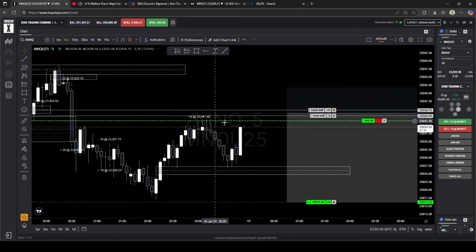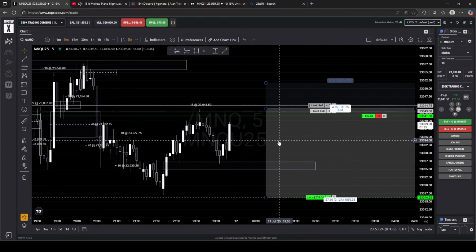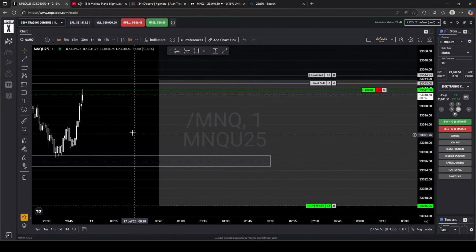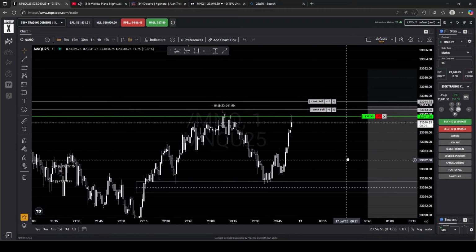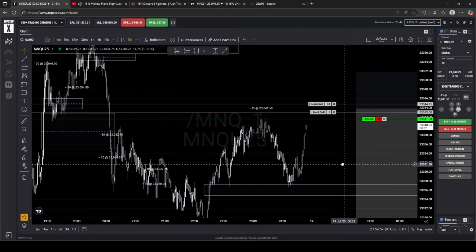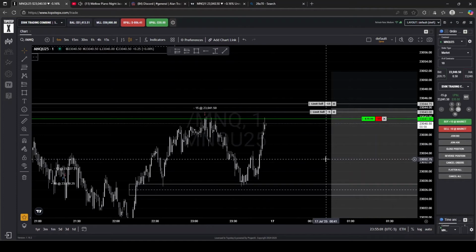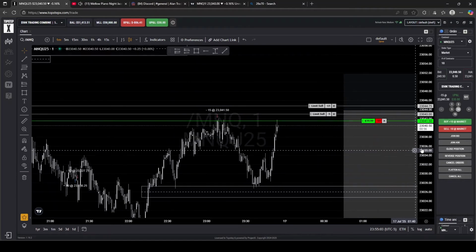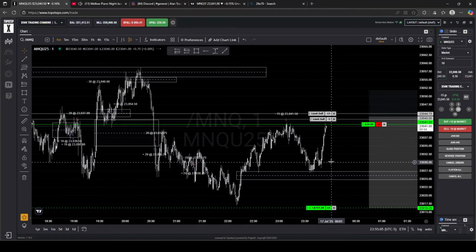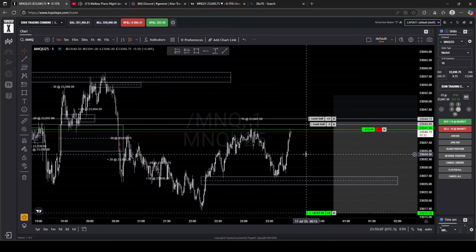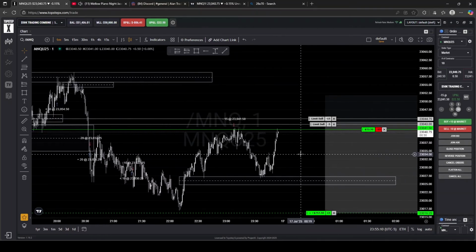So let's see if it taps into it. Alright, so it looks like it is heading towards my limit orders. Hopefully they get tapped in. As soon as it taps in, setting my stop loss, I don't care.